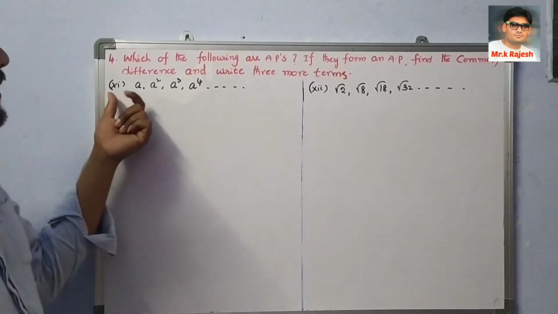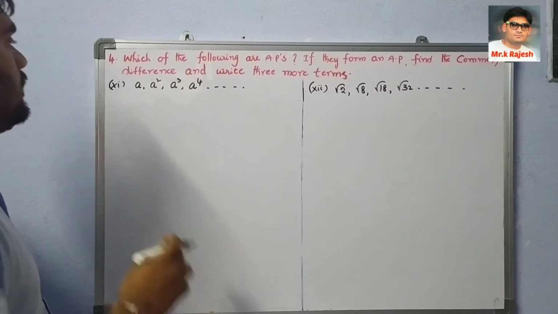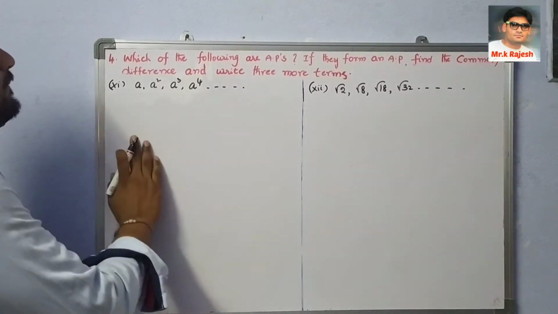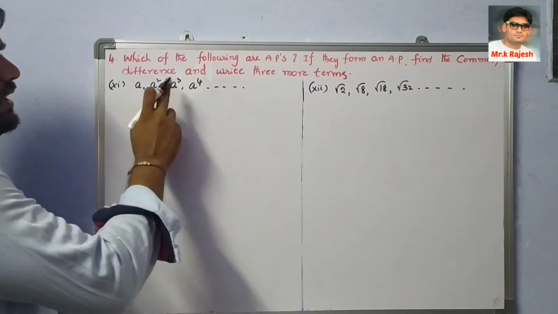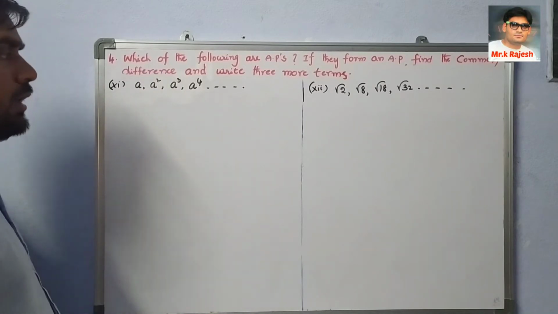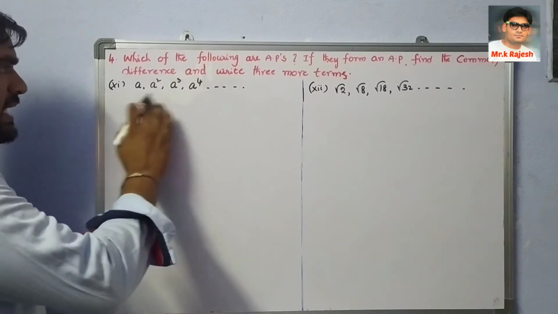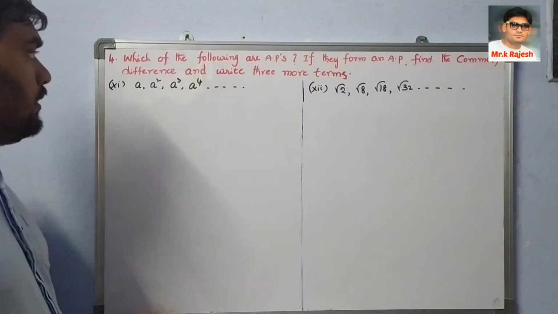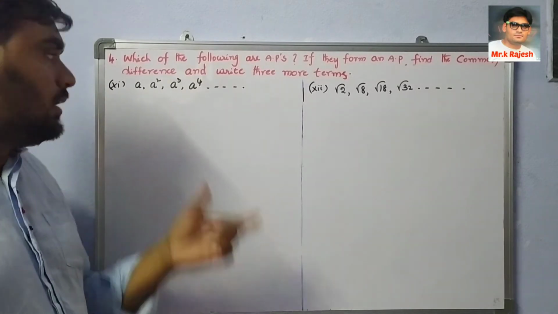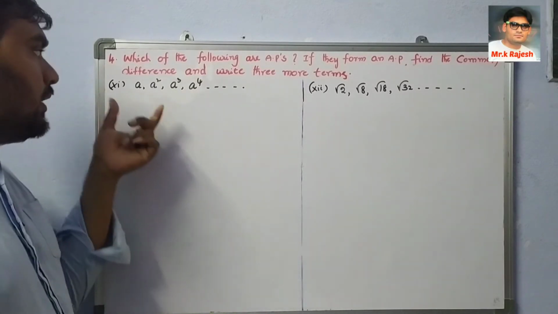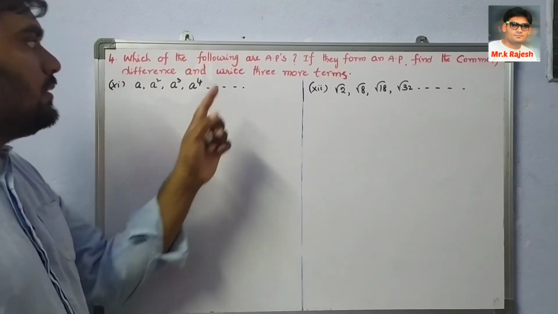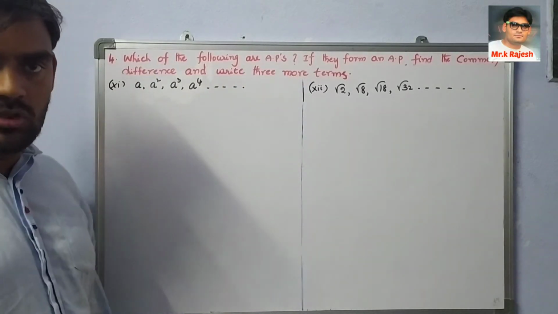Coming to the 11th problem. In this the terms are a square, a cube, a to the power of 4. We need to check whether these form an arithmetic progression or not. If they form an arithmetic progression, we need to write the next three more terms.